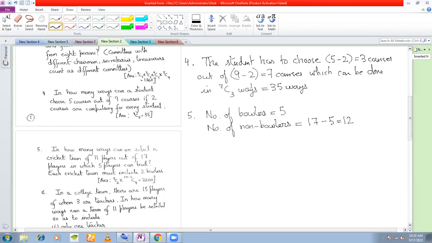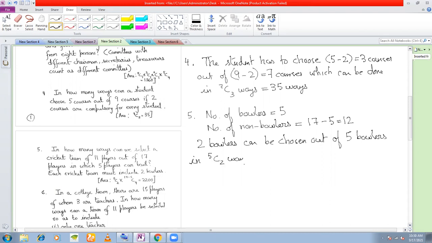If it is to include 2 bowlers, that means 2 bowlers can be chosen out of total number of how many bowlers? 5. 5 bowlers in 5C2 ways, right?